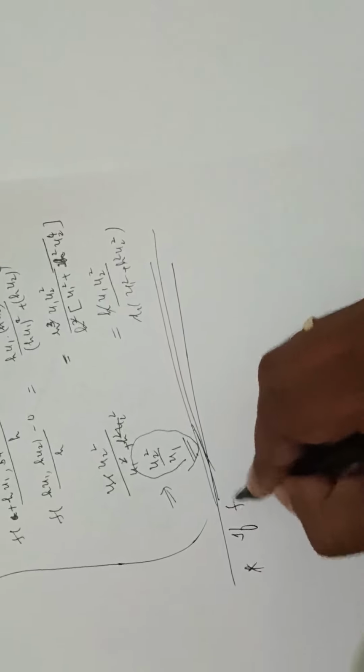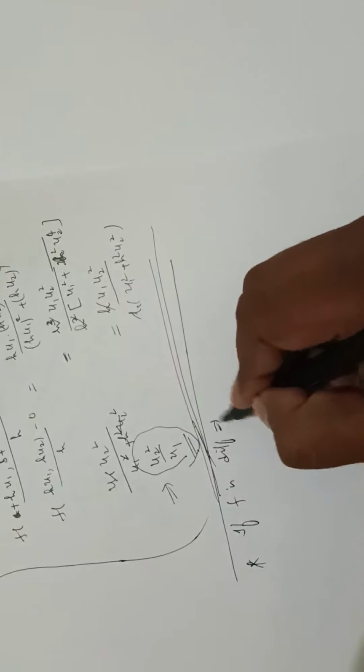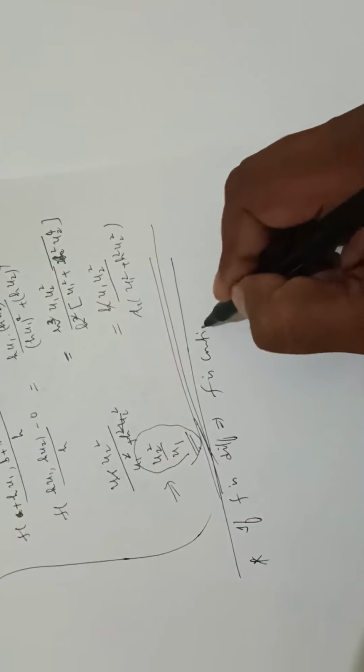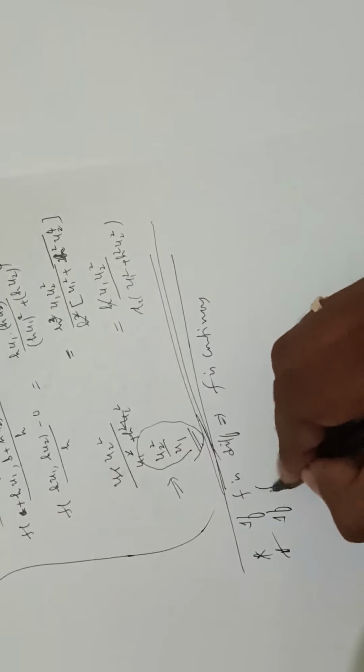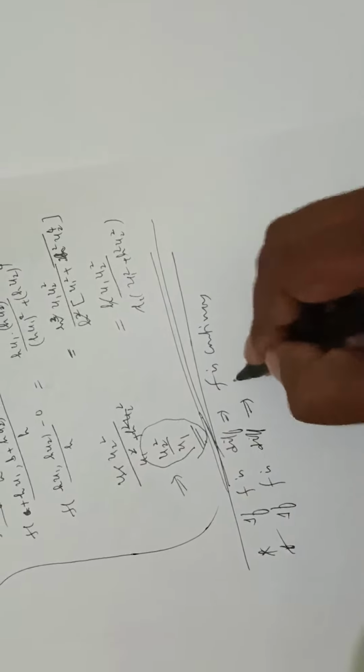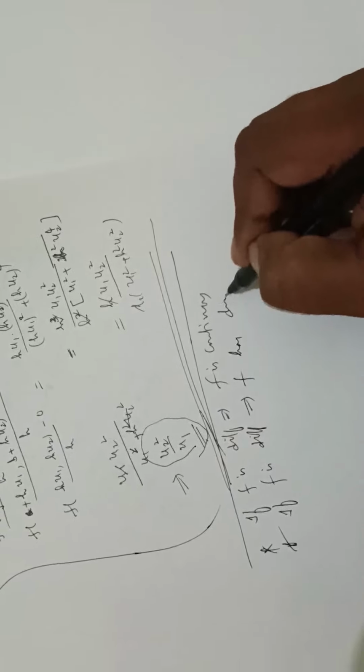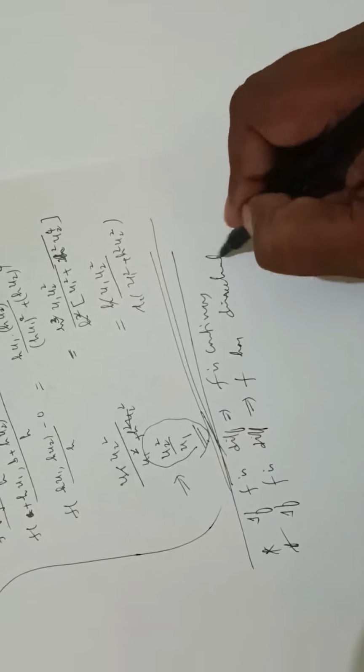If f is differentiable, that we know already, it implies f is continuous. If f is differentiable, this implies f has directional derivatives.